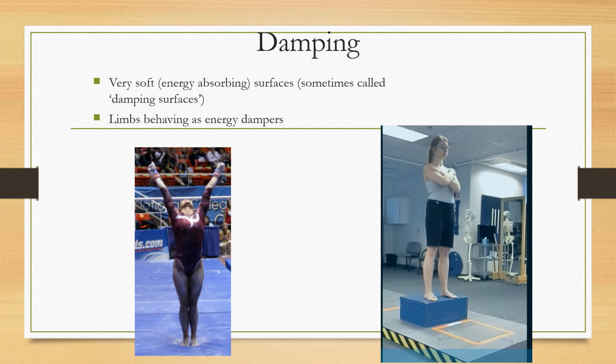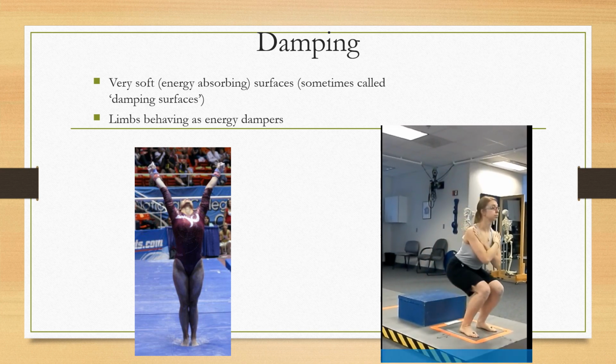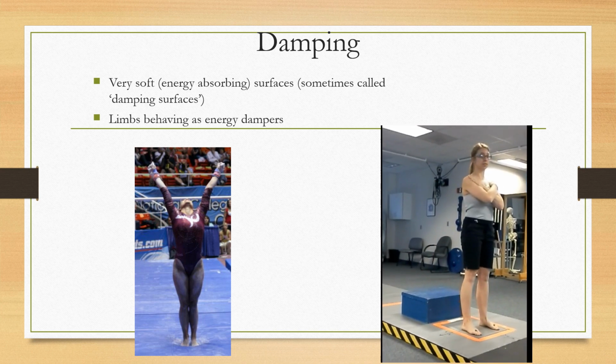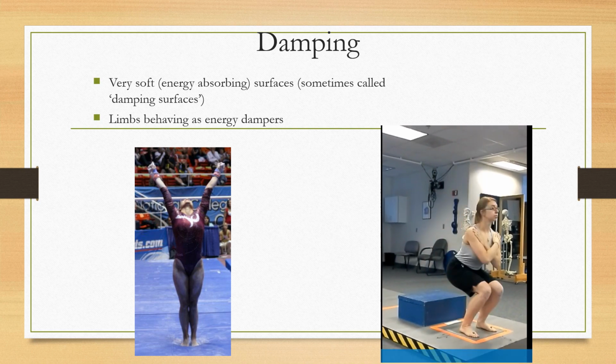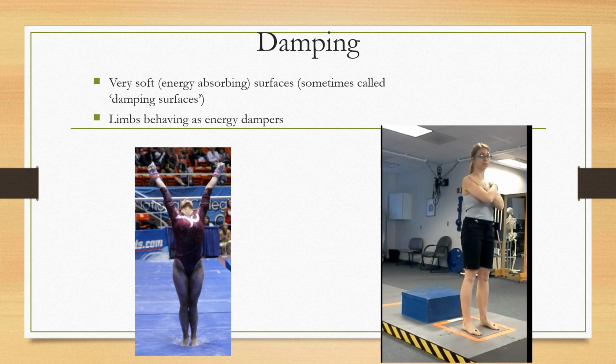Here you see a recent alum of our program who participated in a study with me that we published a couple of years ago, and she's going to demonstrate energy damping of the lower extremities. There you go. Show you one more time. This is called a drop landing, so that's an example of an energy damping movement. She's absorbing the energy with her lower body to do nothing with it afterwards.